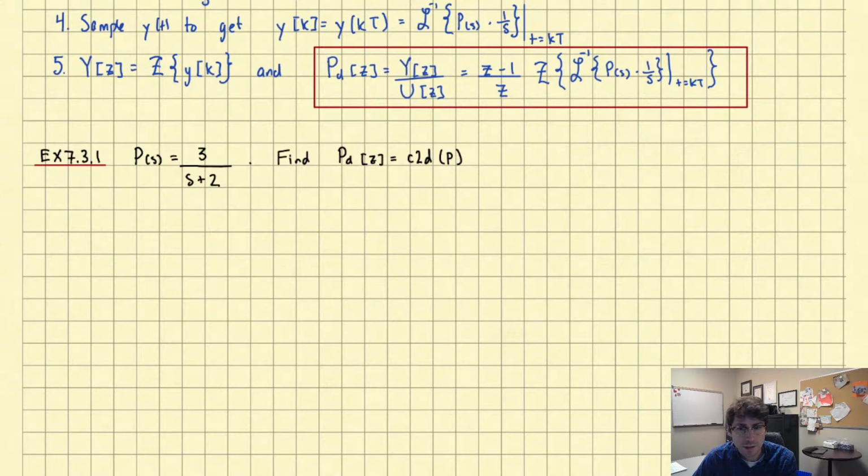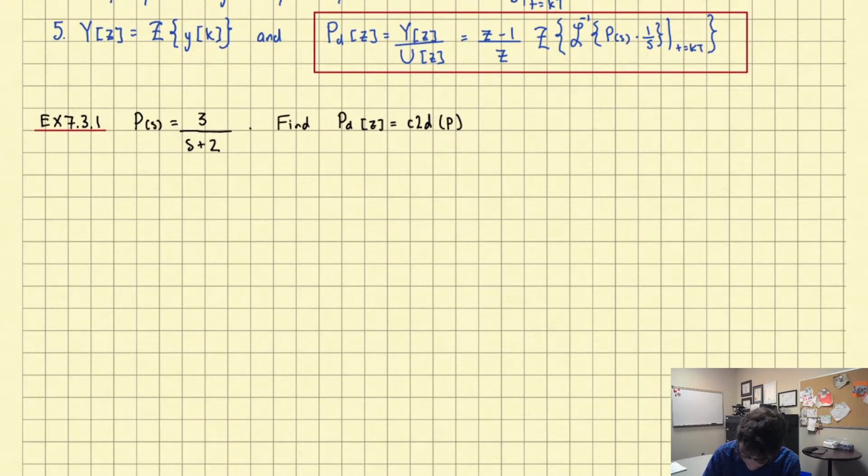And we just need to go through the steps. So if we look at the box formula above, the first thing we're going to need is the continuous time step response. I need the continuous time step response of this plant in order to sample it and then take its z transform. So we have P of s times 1 over s.